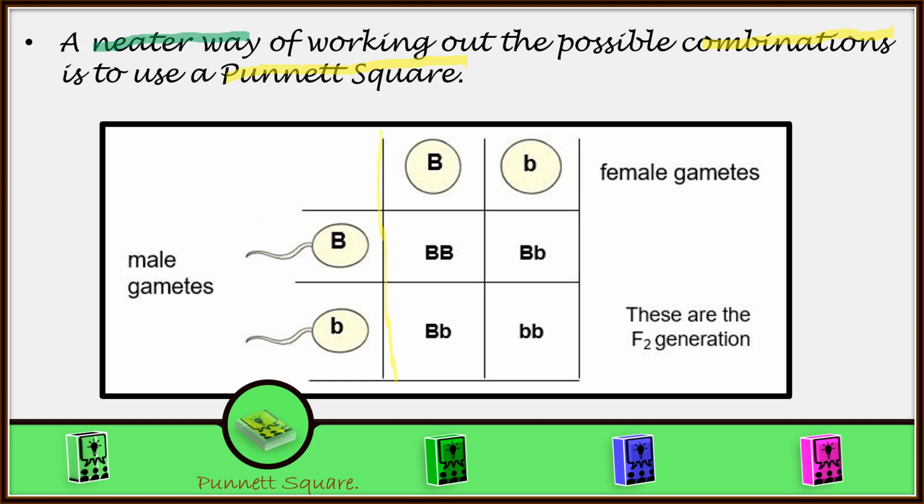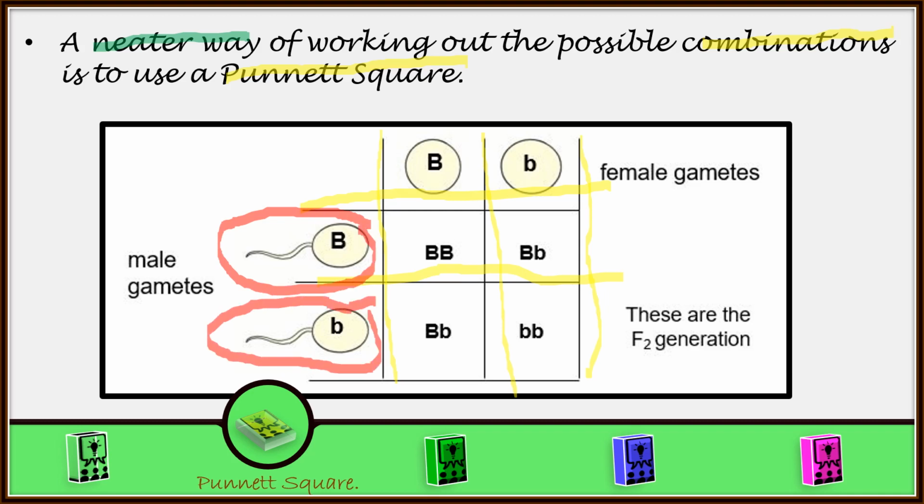We draw these lines where we are going to put our gametes, and then we place our gametes. The male gametes we shall place in this corner. And then in the upper corner, this is where we are going to put our female gametes.